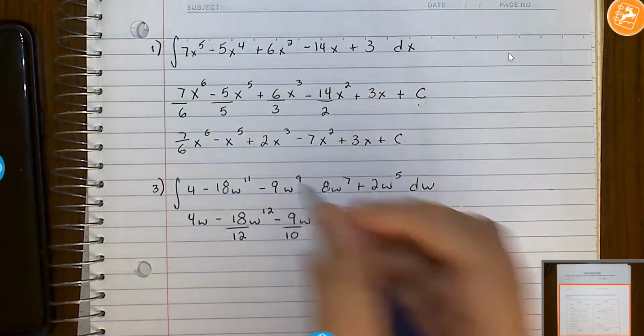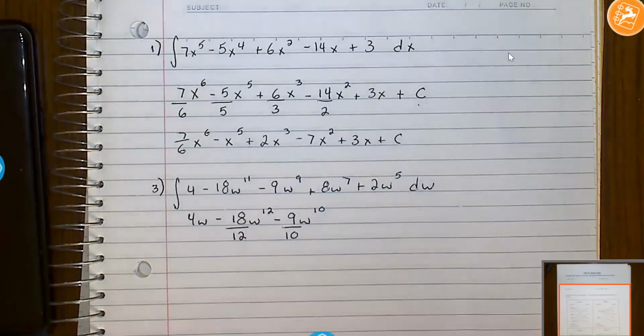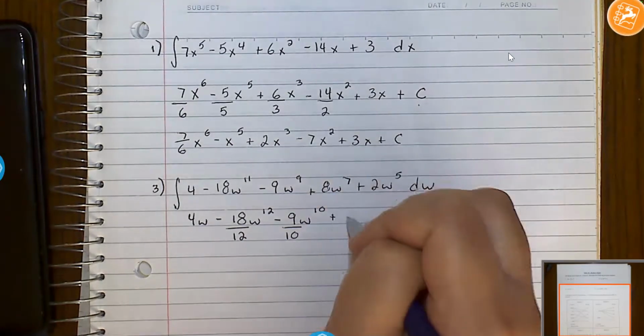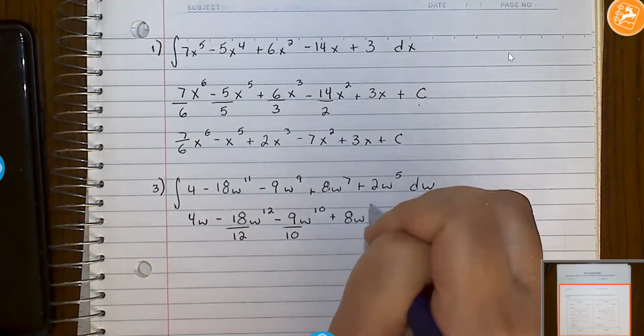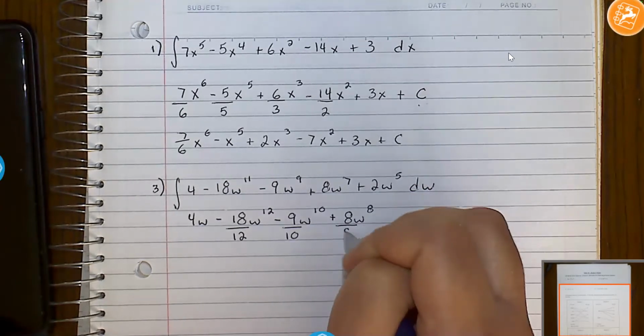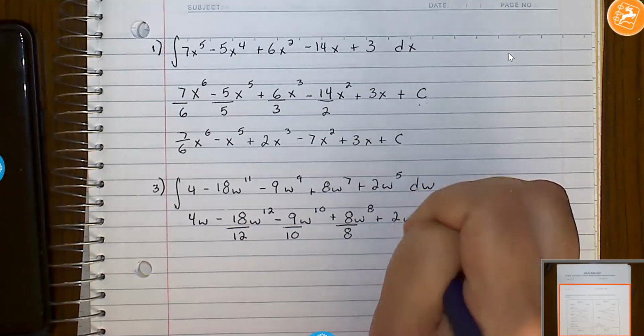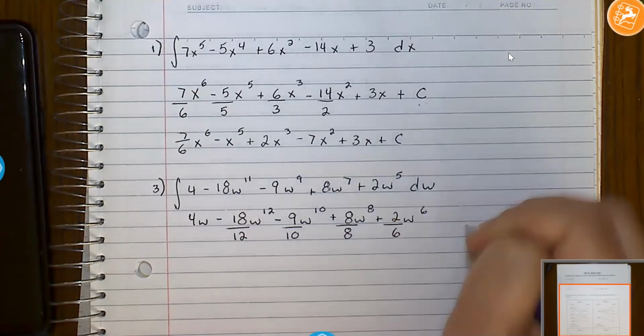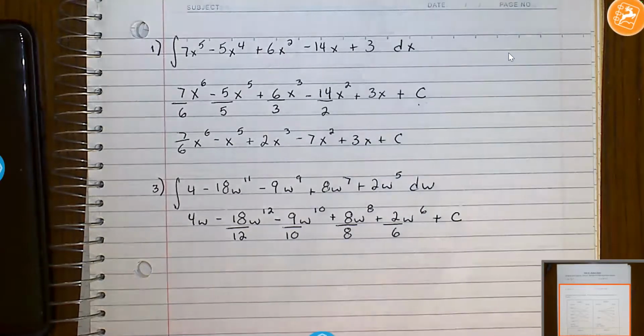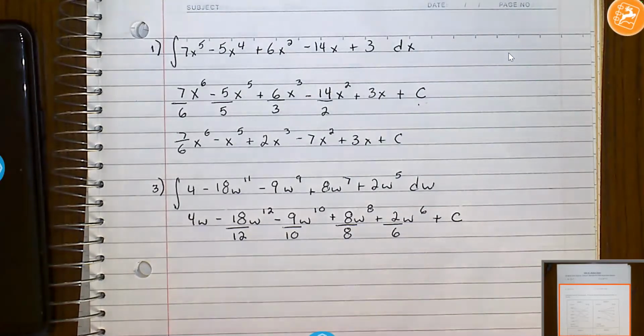So we're adding 1 to the exponent and then dividing by that new exponent. Then this is going to be 8w to the 8th divided by 8 plus 2w to the 6th divided by 6 plus c. Do not forget that plus c at the end.